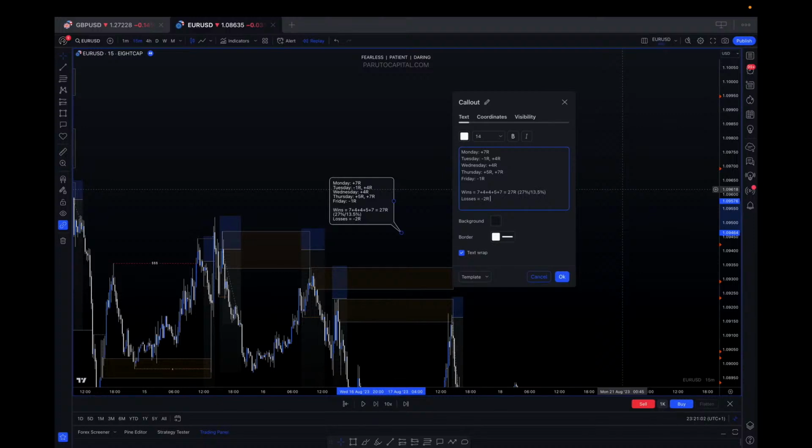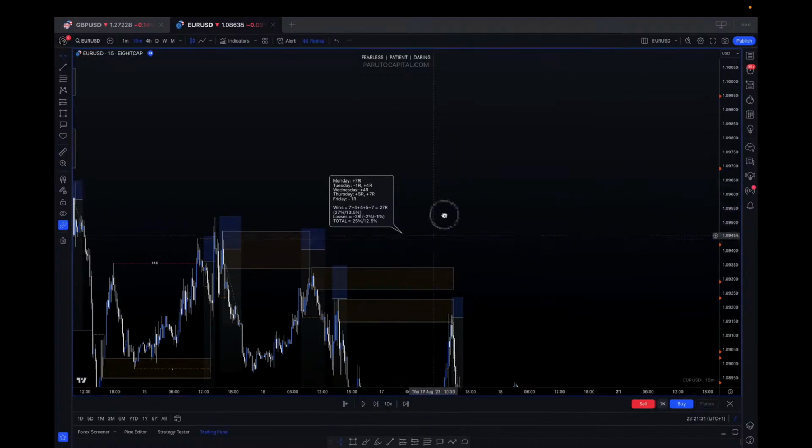And then the losses, of course, will be minus 2% if you're risking 1%, or minus 1%. So at the end of the day, the total will be either 25% or 12.5%, and that is essentially it.